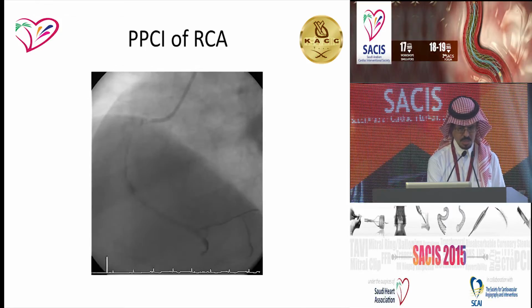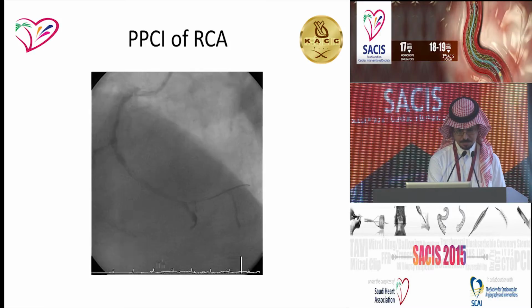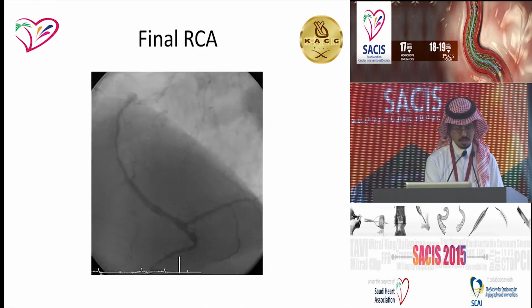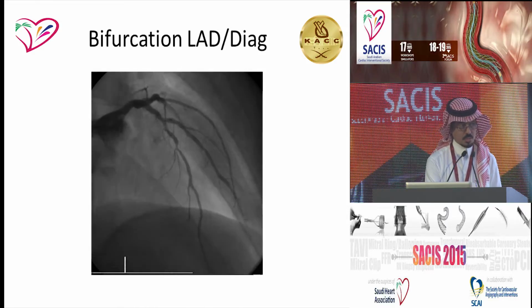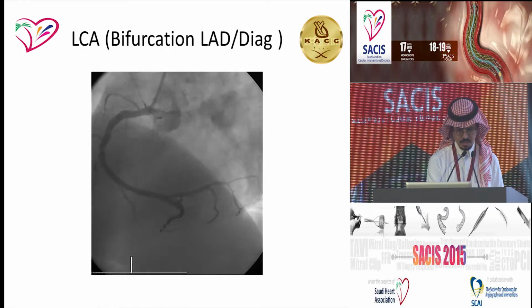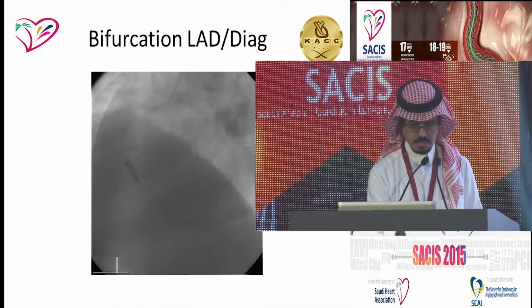It's a true bifurcation in addition to a mid tight lesion after the bifurcation. And this is another view. You can see two lesions in addition to the bifurcation itself. And this is the LAO view.